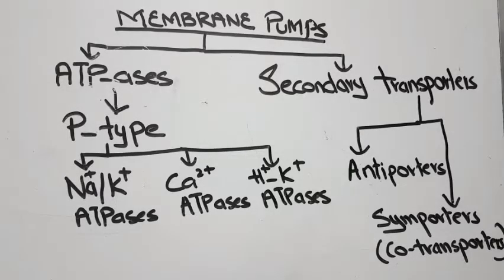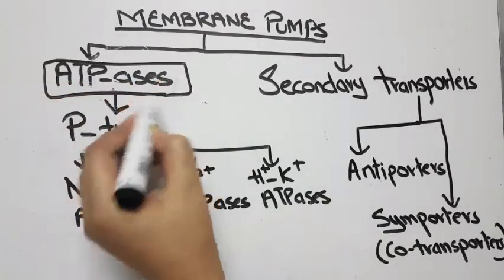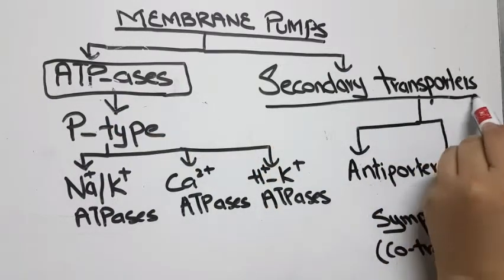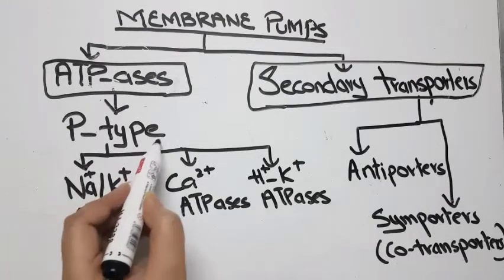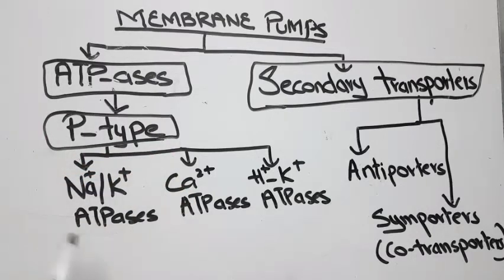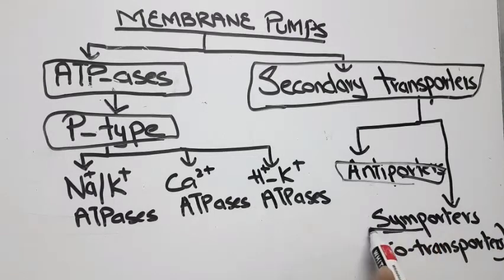Okay, we have two main types of the membrane pumps, ATPases and secondary transporters. ATPases, we have the P-type ATPases, whereas in secondary transporters we have two types, the antiporters and the symporters.